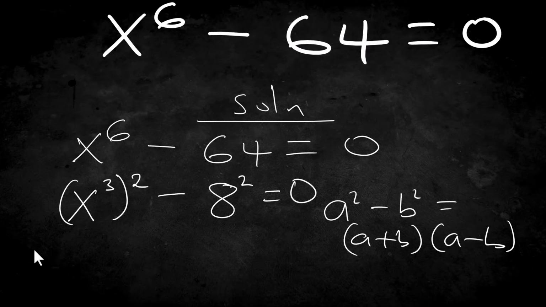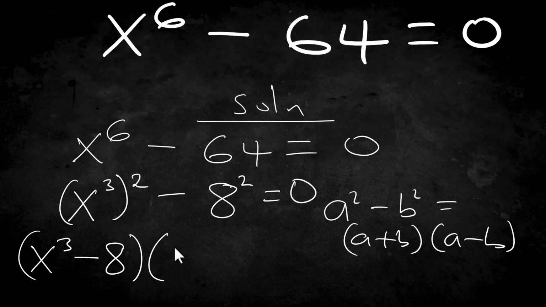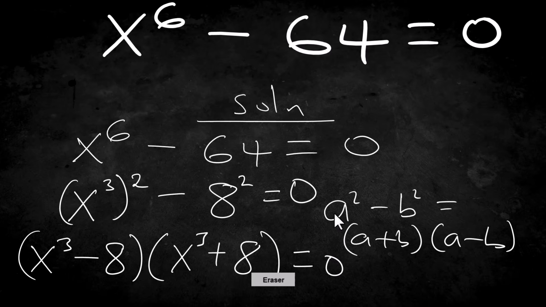So we have (x cubed minus 8)(x cubed plus 8) equals 0.